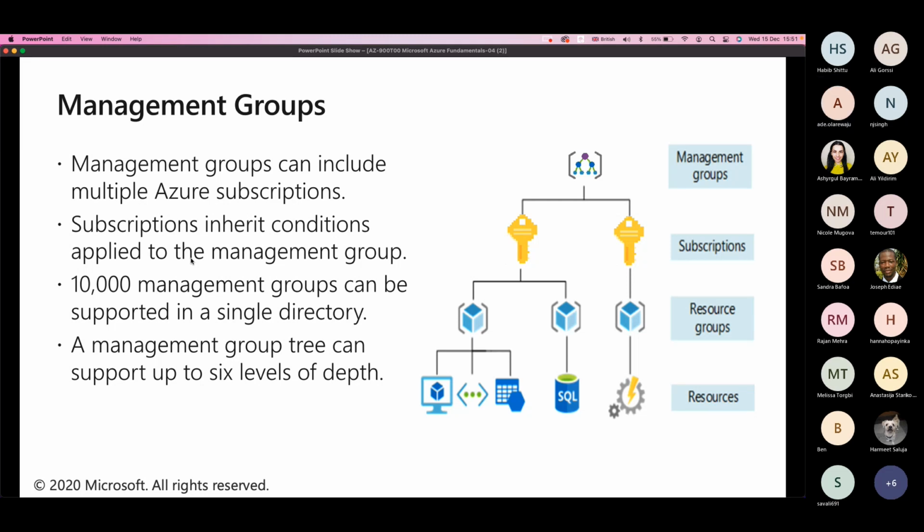Subscriptions inherit conditions applied to the management groups at the top level, so all the conditions filter down from there. 10,000 management groups can be supported in a single directory, so you could go for really widespread different setups to suit any organization generally, and a management group tree can support up to 6 levels in depth.